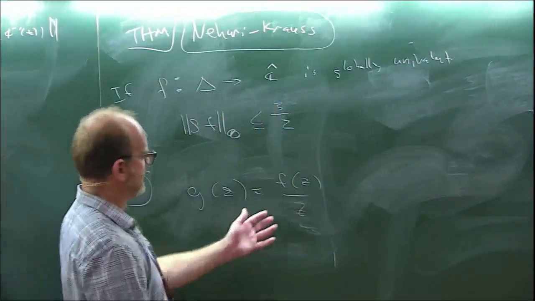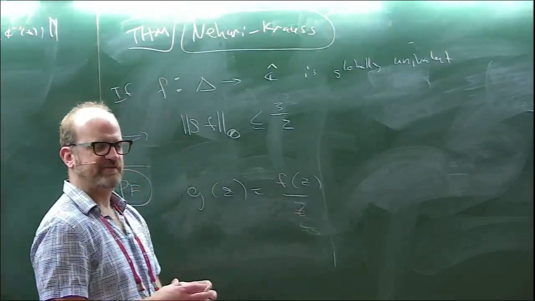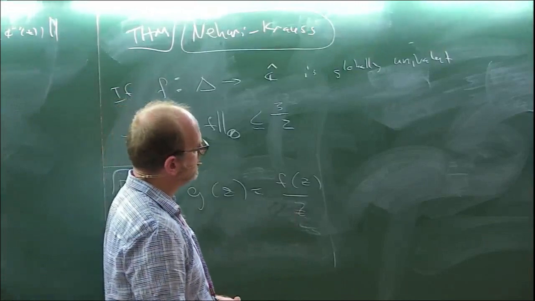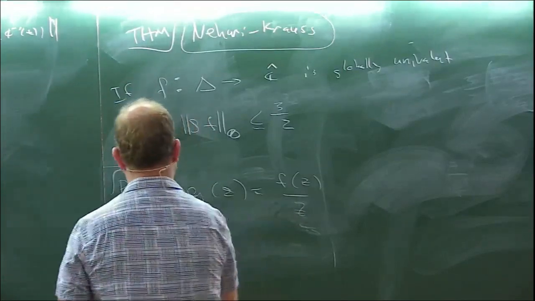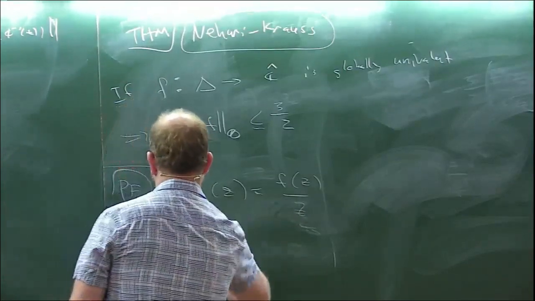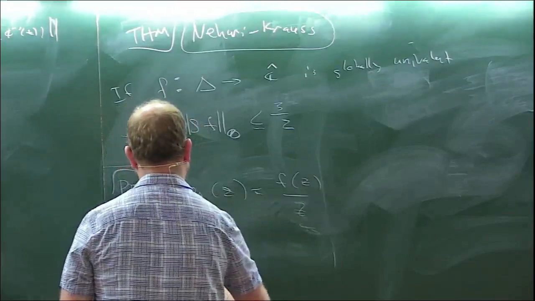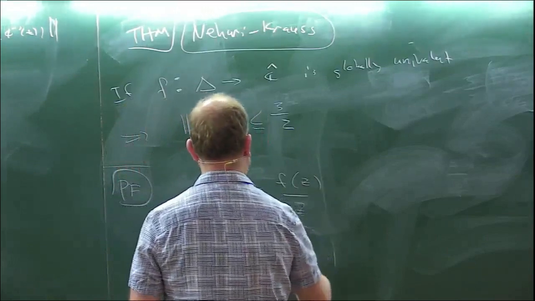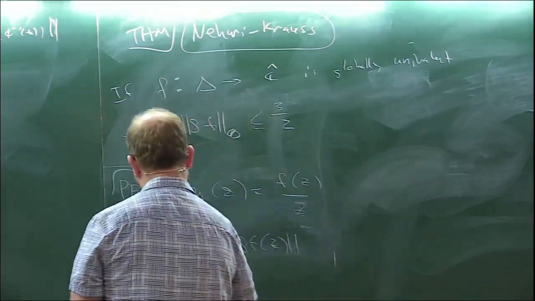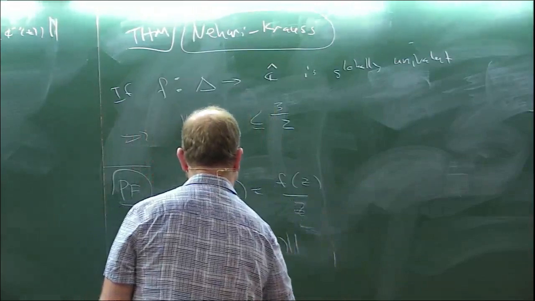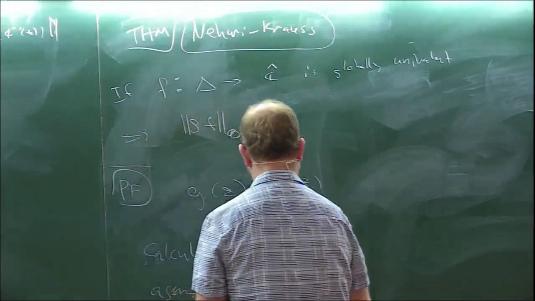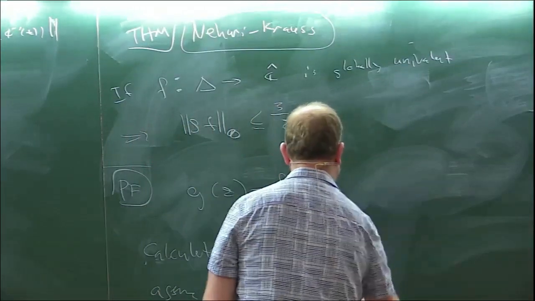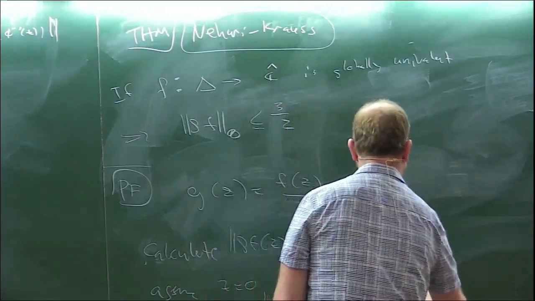Okay, what is this doing? Well, I have some map of the disk. I also, let's assume, I want to calculate S f of z, and I'm going to assume that z equals 0 and f prime of 0 is 1, and the second derivative at 0 is 0.